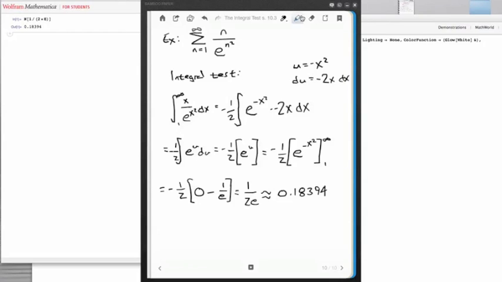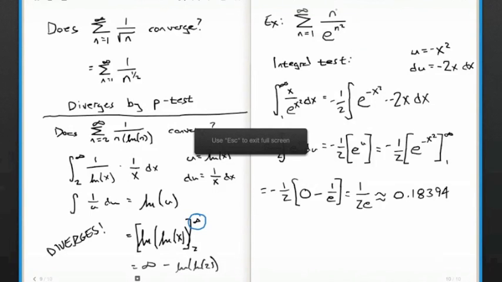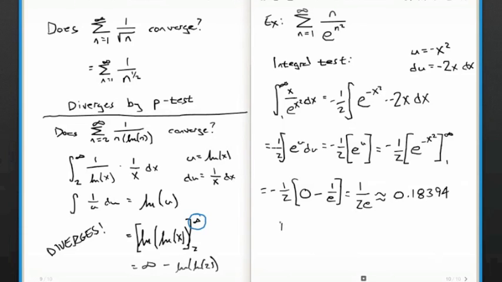Okay, so let's go back to full screen here. So my question is, does it converge? And my answer is yes, this converges.